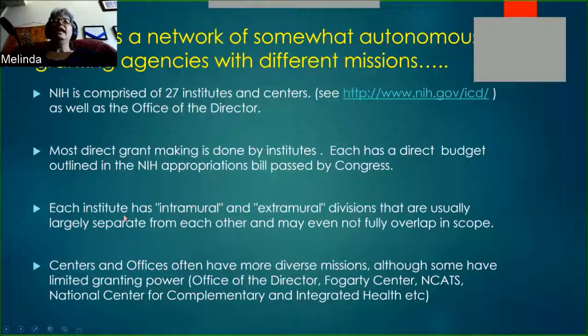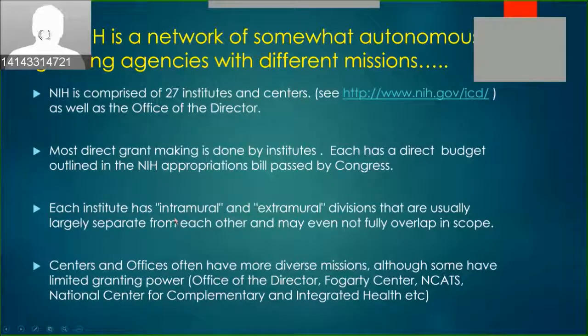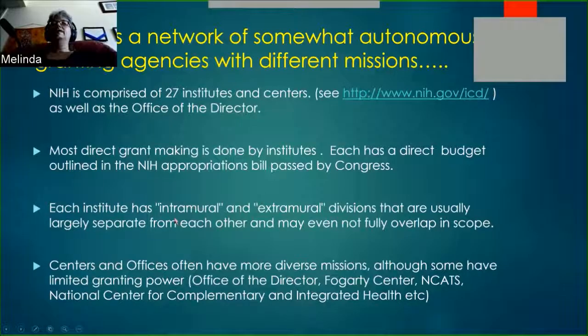Now, each of these institutes has an intramural arm and an extramural arm. And the intramural arm is basically the research that's funded on site. The people who are running those research organizations are direct employees of the NIH, and they do their own thing with their own priorities.